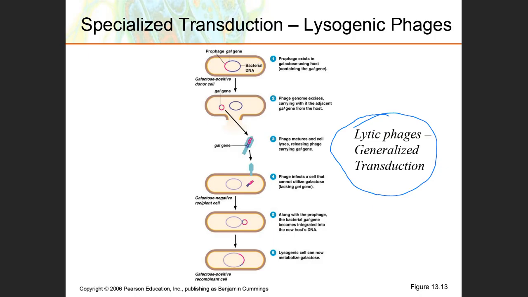So we call that specialized transduction. Again, these are ways to increase diversity in bacterial cells, allowing them to acquire a new characteristic in the same generation. So they don't have to evolve it, they can simply acquire it. And this process is mediated by bacterial viruses.